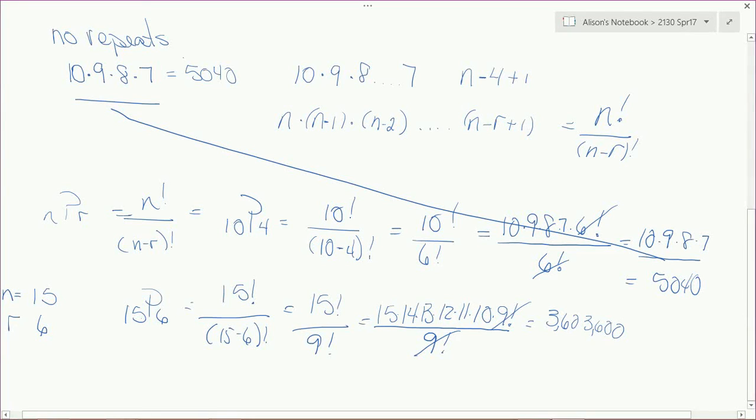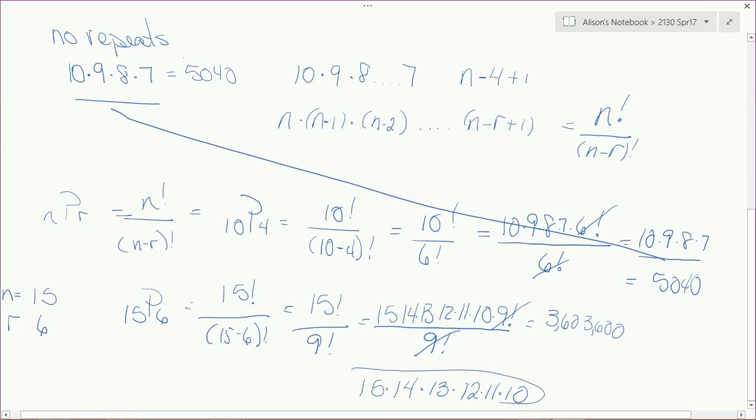And if I don't believe that this works, let's just work it out manually. I have 6 homeowners and 15 puppies, which means the first homeowner would be able to choose from 15 puppies. The next homeowner would only be able to choose from 14, and then 13, and that is 3 homeowners. That would be 4. That would be 5. My 6th and final homeowner would only have 10 puppies to choose from.